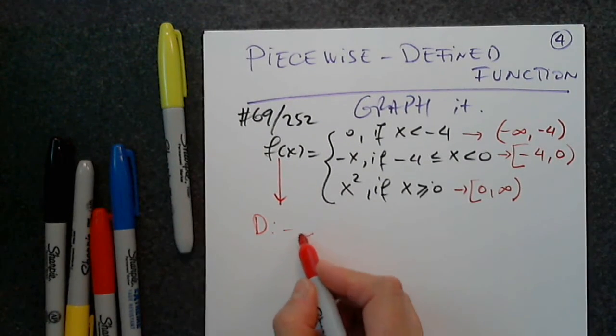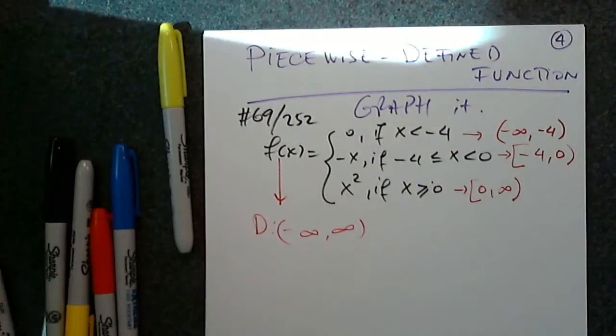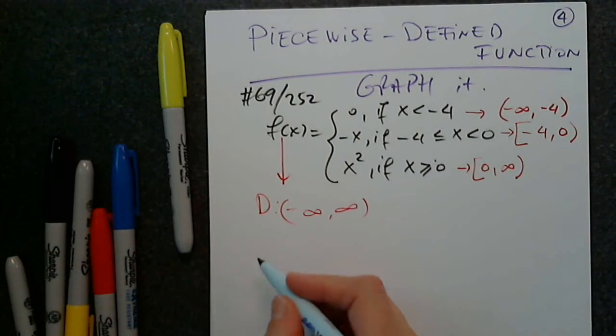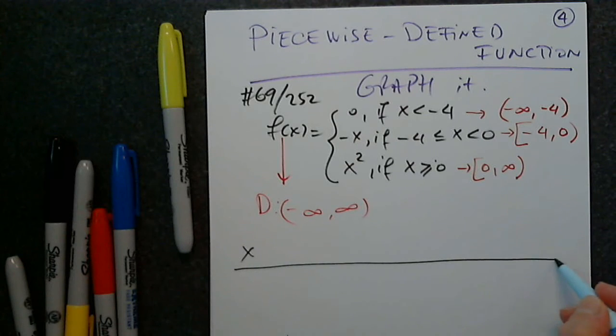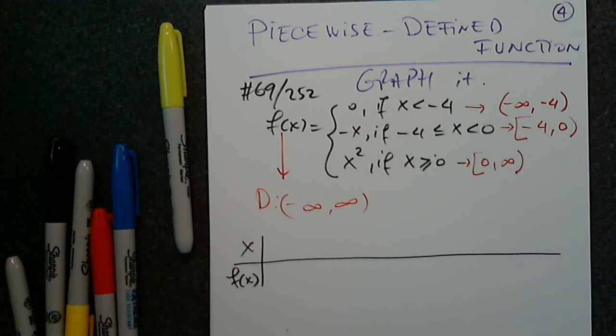Do we all agree with that? Nothing is missing. So this function is defined on all real numbers. Very good. Therefore, I will start my table, and f of x. I will put negative infinity to infinity.